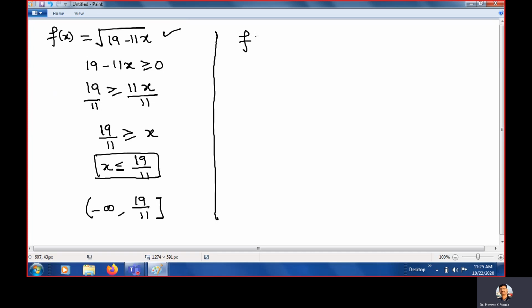But if we discuss the problem related to the quotient function of the same question, this 19 minus 11x, the answer is the same. Only what thing do you need to remember? It cannot be equal to 0. So if this cannot be equal to 0, what will we take? 19 minus 11x. We will not take equal to 0. We will take only greater than 0.